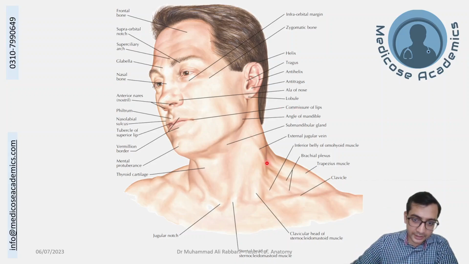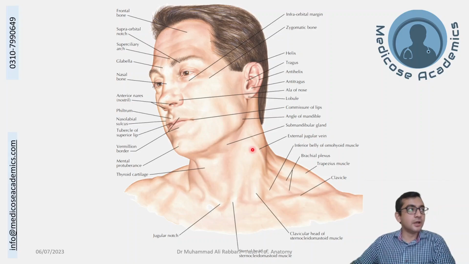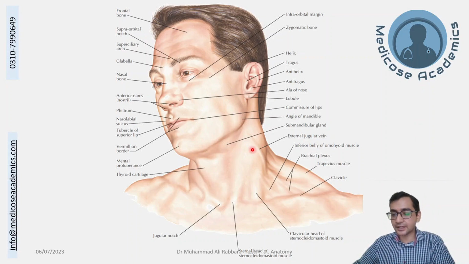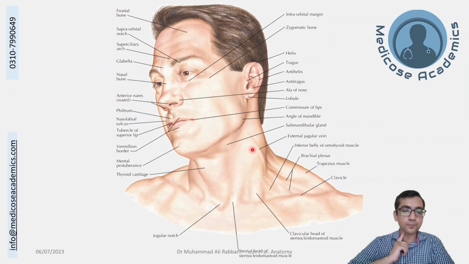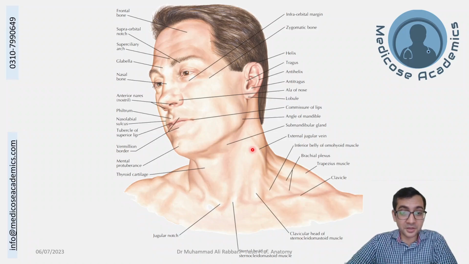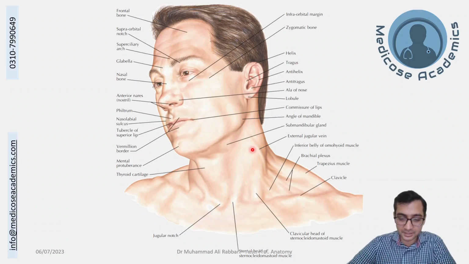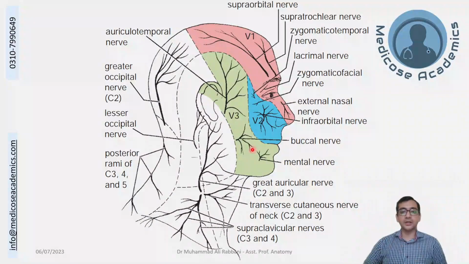And superficially here, the external jugular vein passes. In fair-skinned and thin people, this vein is prominent, especially when doing some strenuous work or when someone is angry, the veins get swollen up, so the external jugular vein can be seen crossing the sternocleidomastoid.